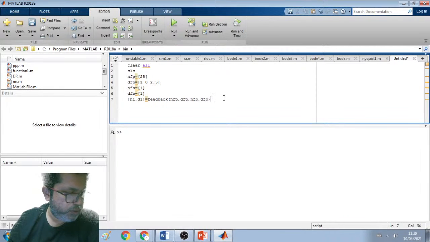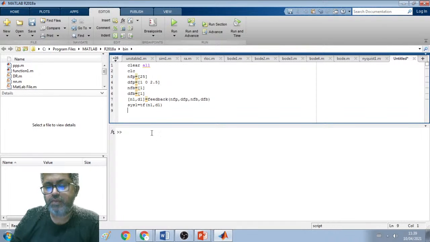So this will give you the overall numerator and denominator. Then I will say system1 is equal to tf(N1, D1).